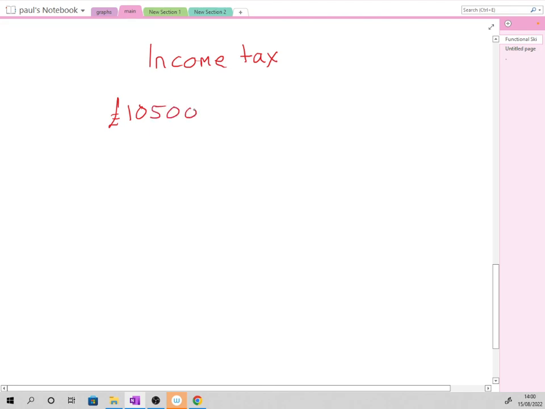Say the first £10,500 is tax free. Afterwards, you pay 20% tax. So everything over £10,500, you're going to lose 20%. It goes off to the government to build high-speed rail tracks to nowhere and stuff like this.